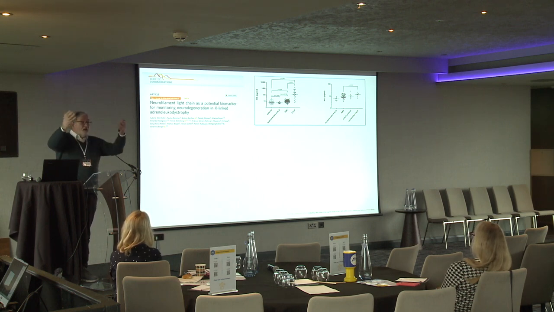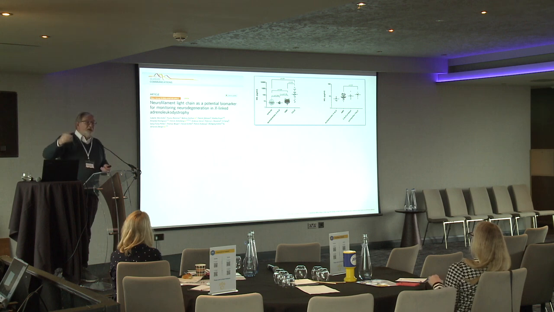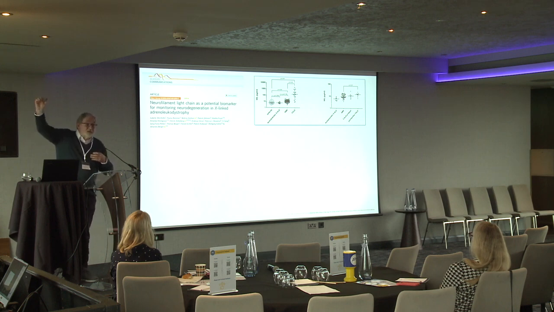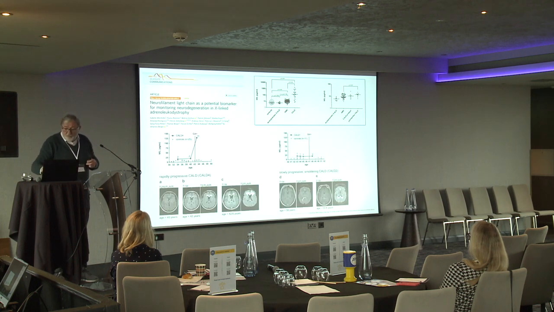They release this neurofilament light, and you can measure it in the blood. What we see from these biomarker studies is that there is a clear correlation: the more severe the disease, the higher the neurofilament light. This is again an indication that neurodegeneration is an important feature in this disease.